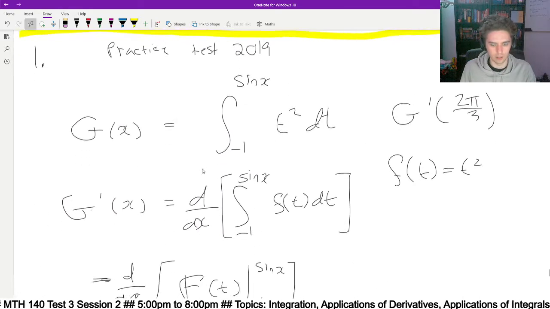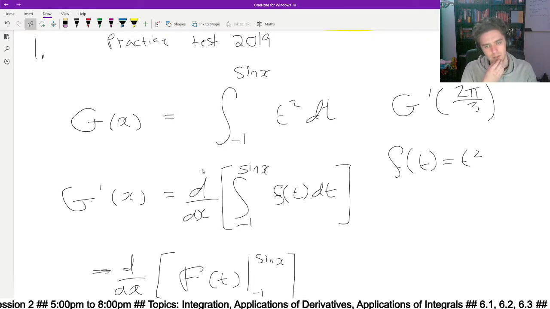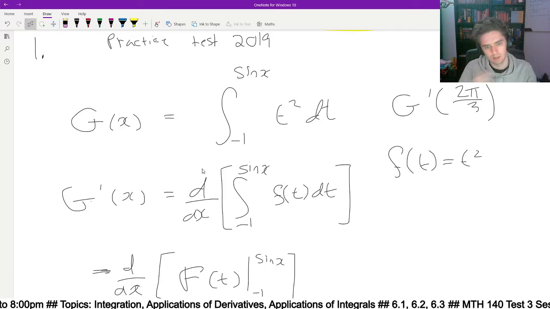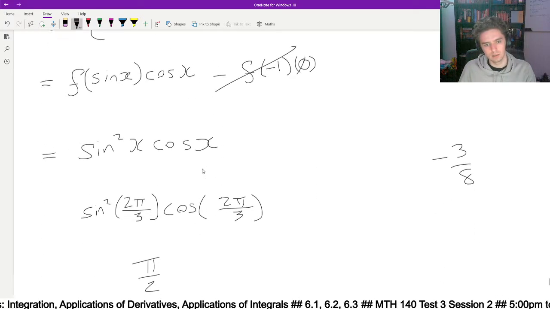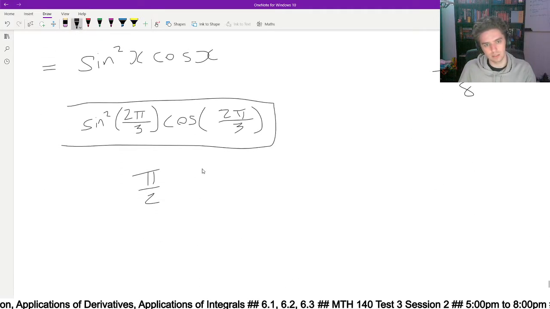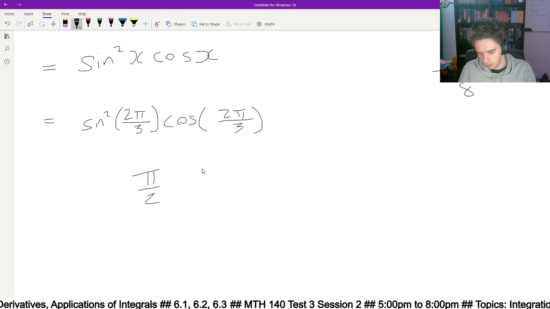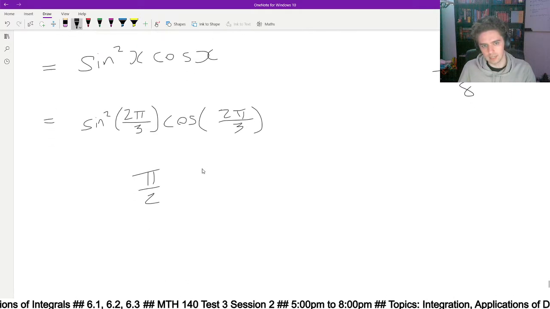So let's see what went wrong. I took the derivative of big G. I'm pretty sure -3 over 8 is the answer. Yeah, that is the answer. You got the expression right, you just have to find the exact value of this expression.